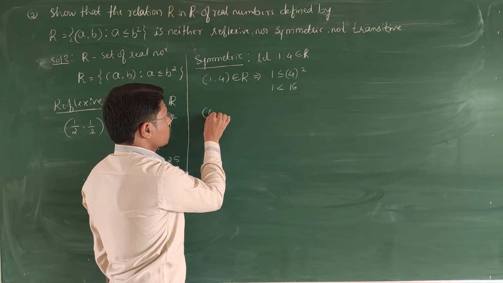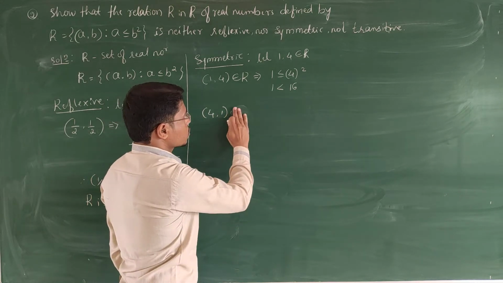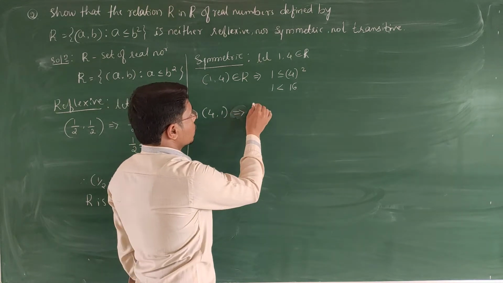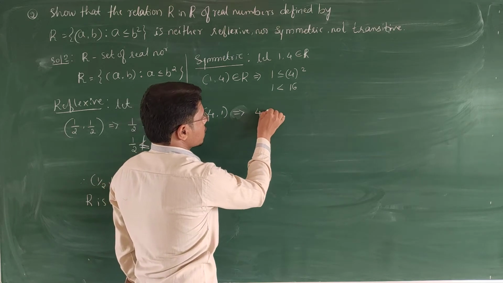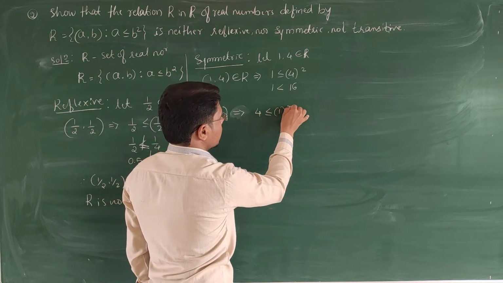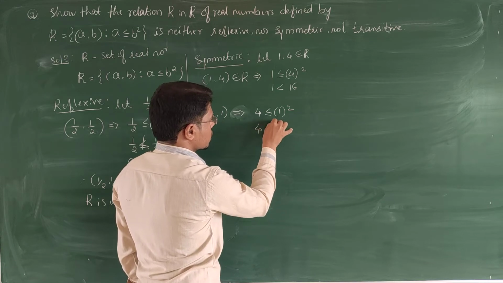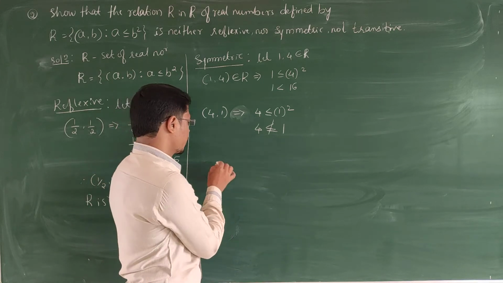Check the reverse: does (4, 1) belong to R or not? Here a = 4 and b = 1. Putting into the relation a ≤ b², we get 4 ≤ 1², that is 4 ≤ 1, which is not possible. 4 is not less than or equal to 1.